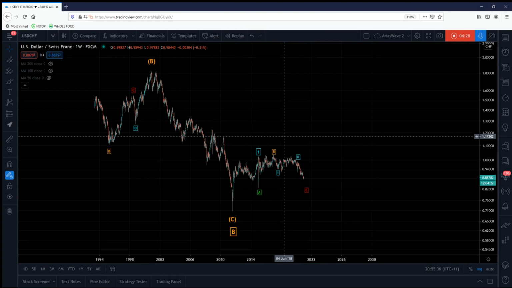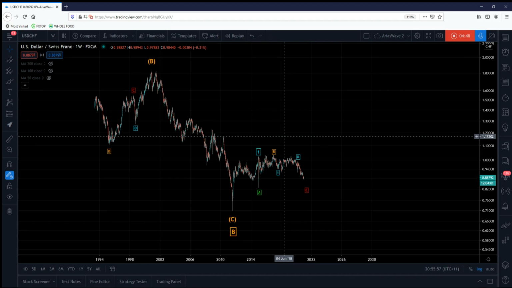And then it was a pretty big wave 3 that went all the way down to around 1978, or around 1980, let's just say. So that's 1, 2, 3 done. So since then, we've been working within wave 4, right?